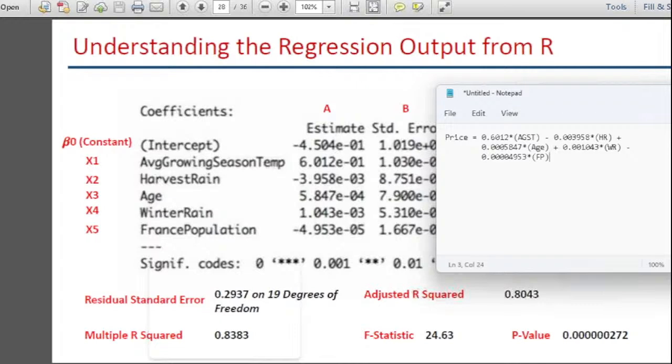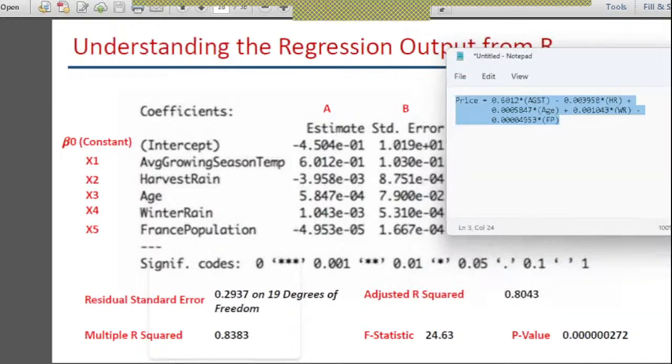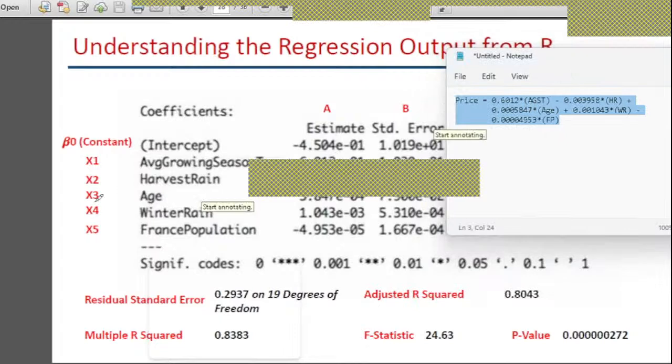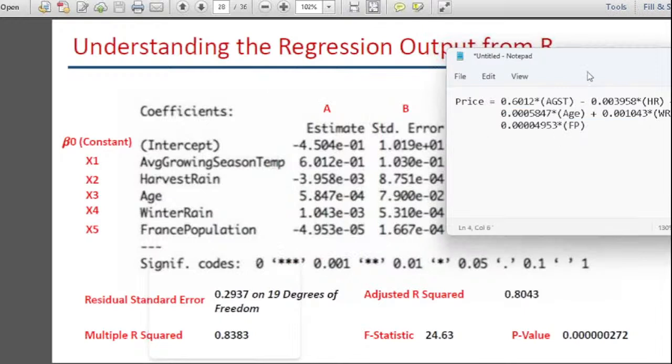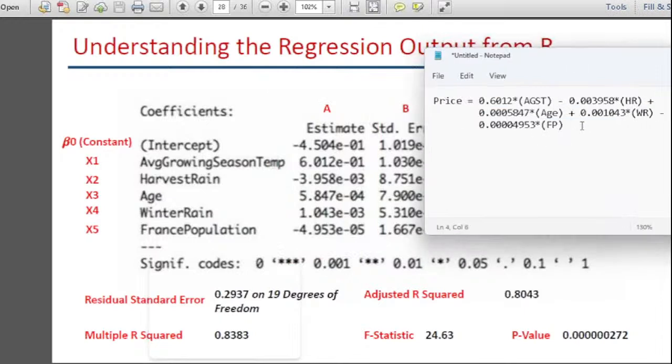How do you know the regression equation? Though you don't have to write it, what I am telling you is these estimates are the coefficients of the regression equation. Is this clear? If you want, I can share it also, but it's not required. You don't have to write the regression equation.